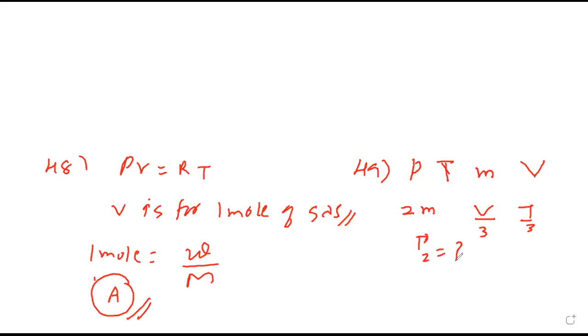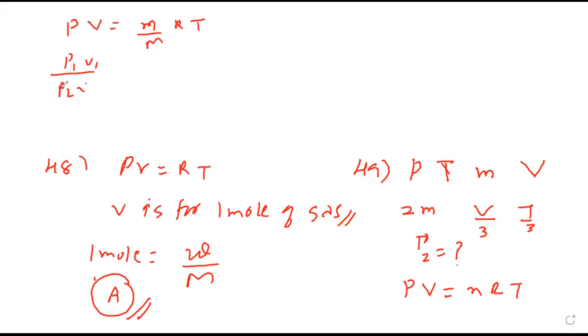So new pressure is asked. Whenever you get something related to gas, please start with PV equals nRT. That means P into volume V equals given weight upon molecular weight into RT. For same gas, molecular weight will get cancelled.